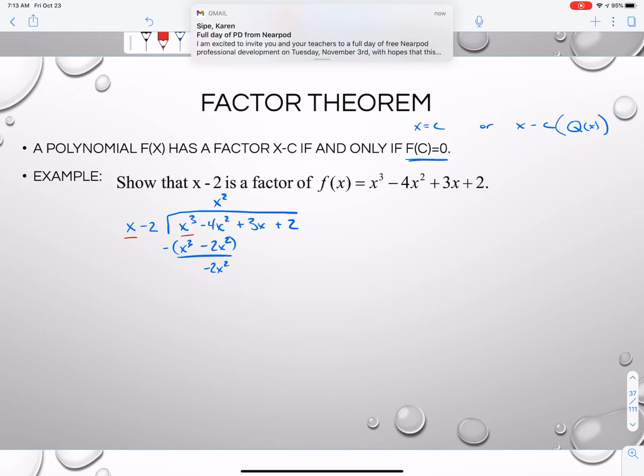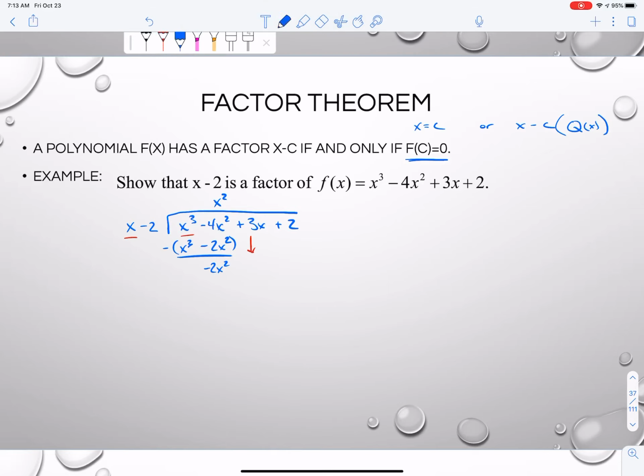I'm going to bring down my next term now, which is a 3x. I'm going to divide the lead term, negative 2x squared divided by x, which is negative 2x. I distribute, I get negative 2x squared plus 4x, and I'm subtracting this entire line.